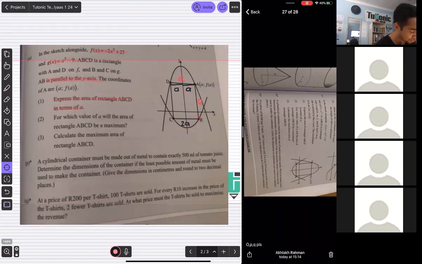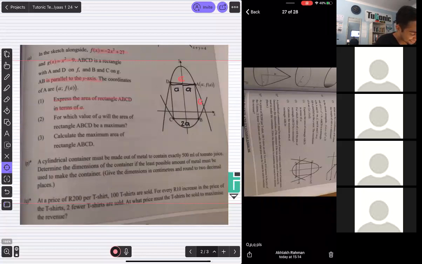So now we have to work out the y. Isn't the y just the y of this minus the y of that? The y of this minus the y of that. Yes. I think I see what they want here. Do you sub in A into f of x and A into g of x and then minus the 2?